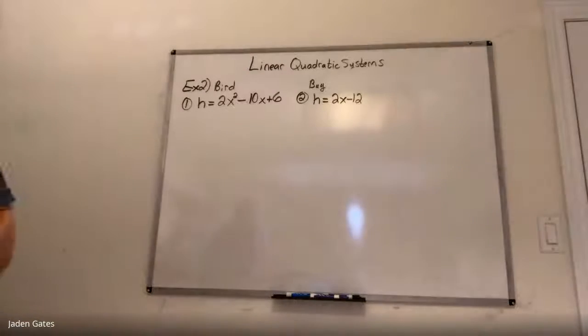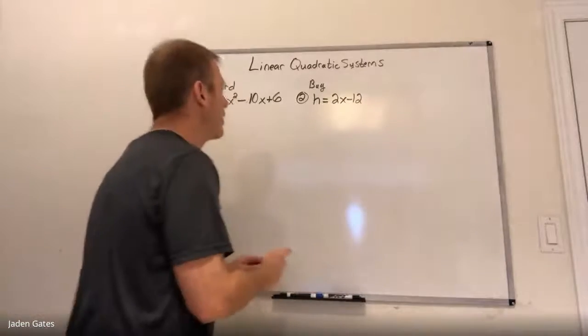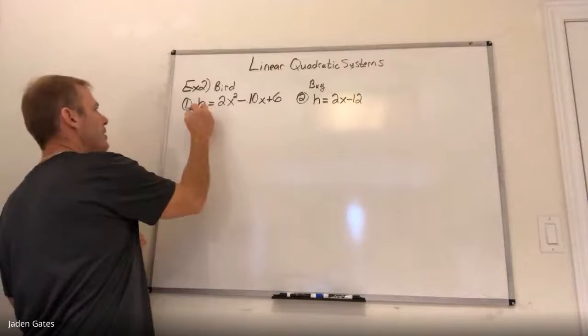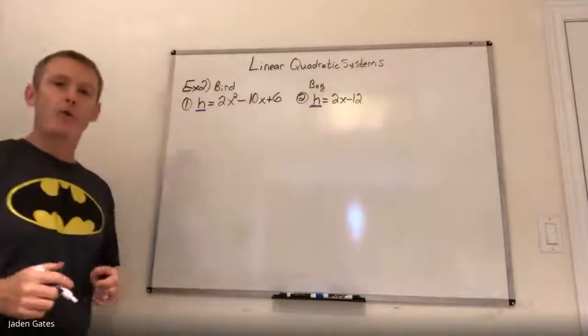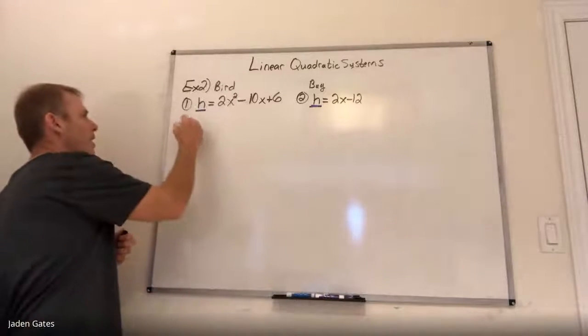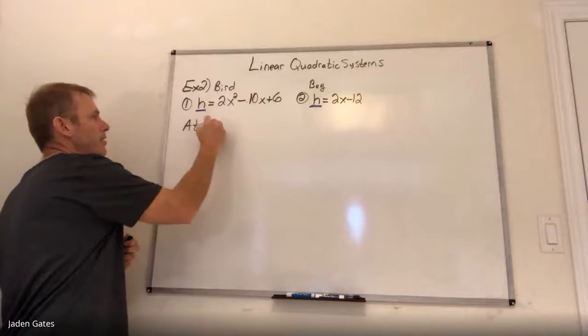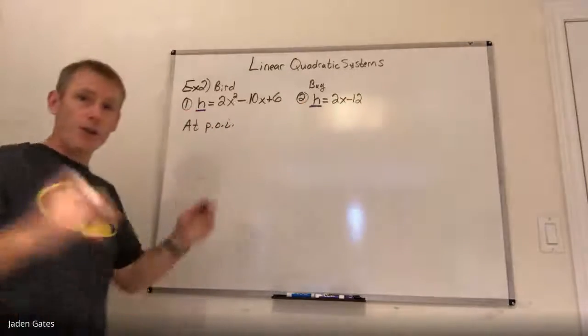So, again, if they meet each other, they're going to have the same height at the same time. So those h's, if they meet, at the point of intersection, those two heights are going to be the same, and they're going to do it at the same time.